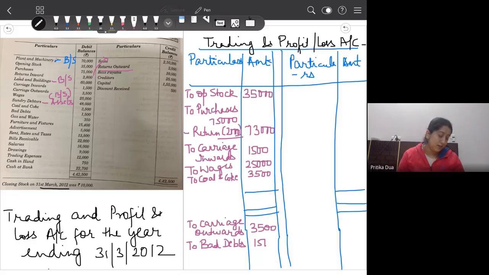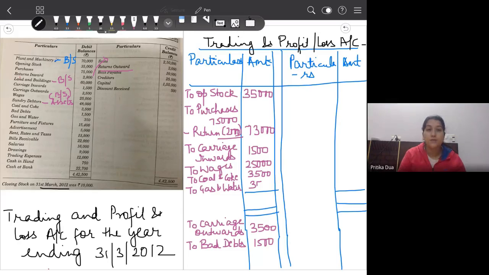Okay, after that, the next entry is gas and water. Gas and water will again be a direct expense related to production. So I write it on the debit side of my trading account, 350 rupees.